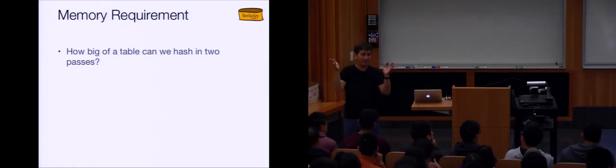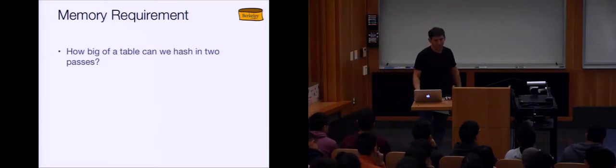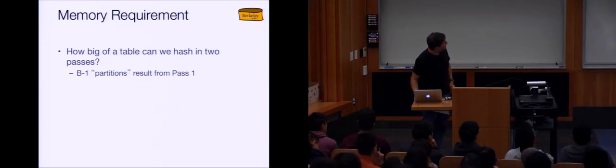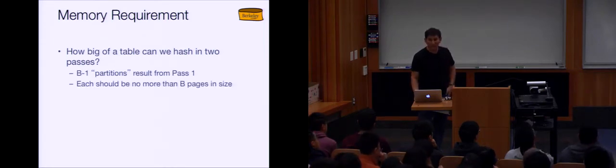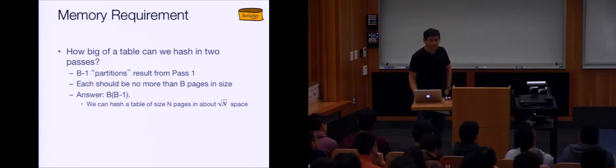We split it into B-1 pieces, so it's N over B-1 long per partition. And then in the second pass, we'd like them to fit in memory, so they can't be bigger than B. So we have B-1 partitions, each one of which should be no more than B big, so that in the second pass it fits in memory. So we can hash a table of about B times B-1 in 2 passes.